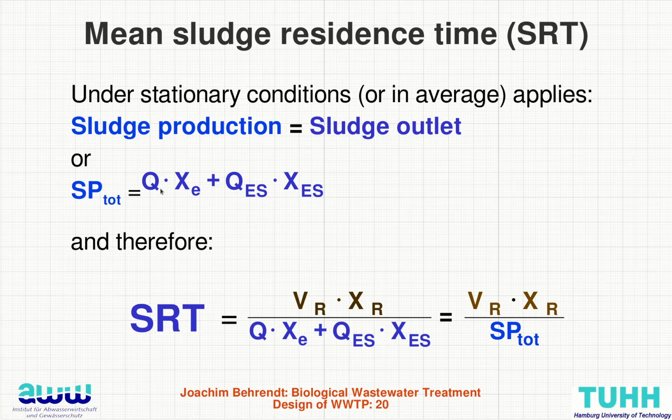And under stationary or mean conditions, the sludge that is leaving the system is the flow multiplied with the concentration in the effluent plus the excess sludge flow rate and concentration. The sludge retention time is defined by this equation, which is also the same as the sludge production with respect to the sludge concentration in the system.